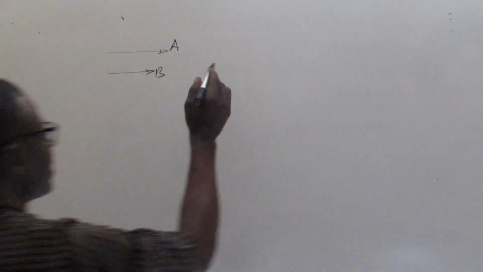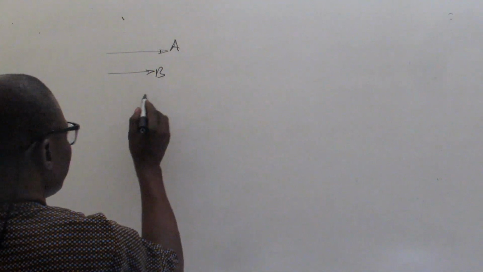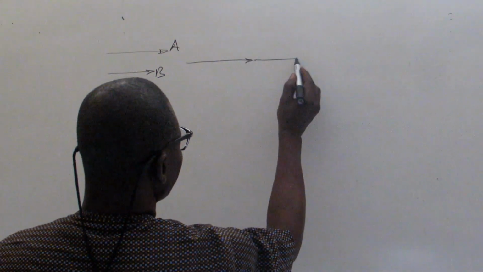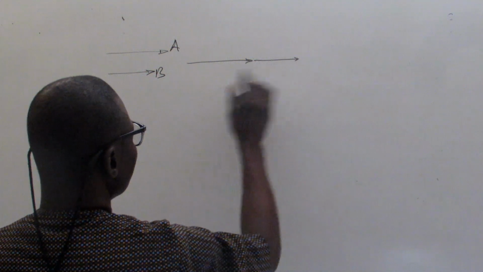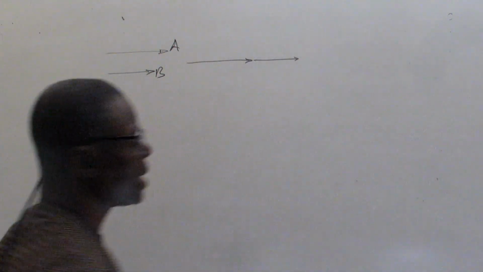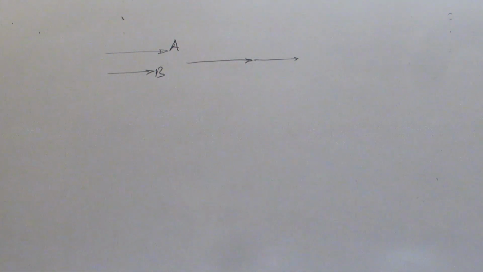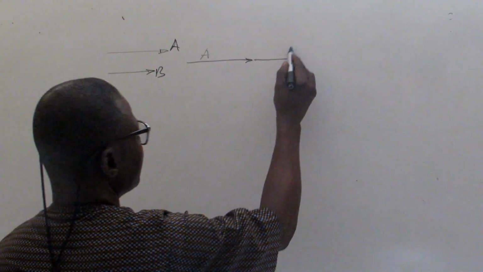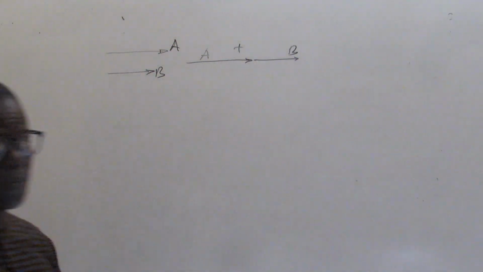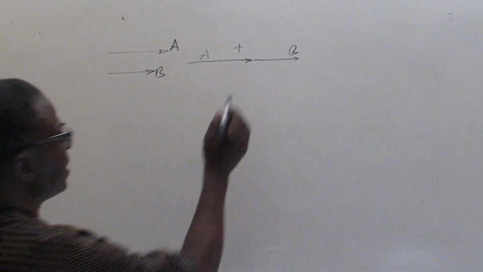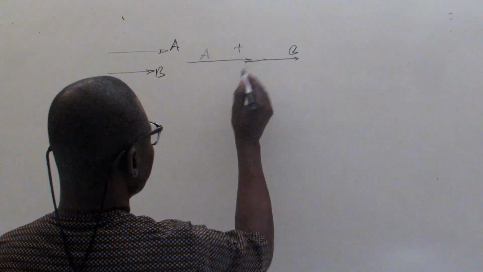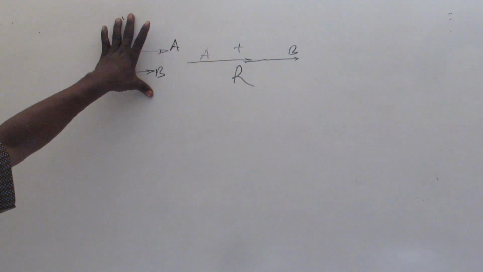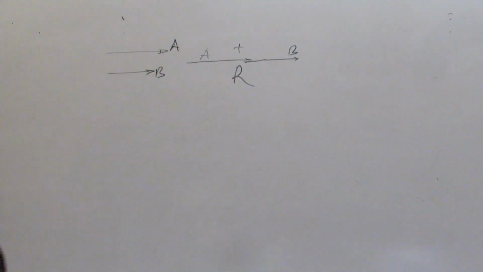I will simply add them by putting A ending here, and then B going here. You see that the two forces form a single line now, because they are collinear. So you add A and B. This is A plus B, and this forms a single resultant.